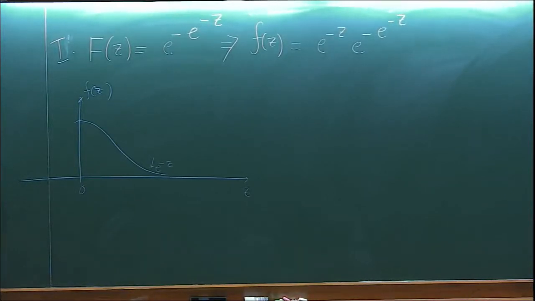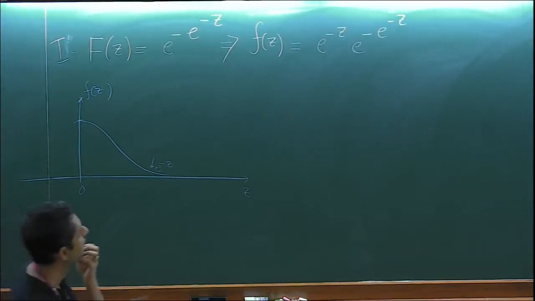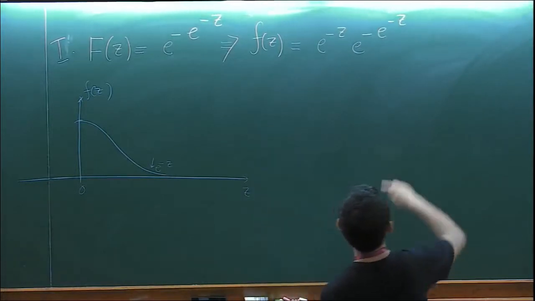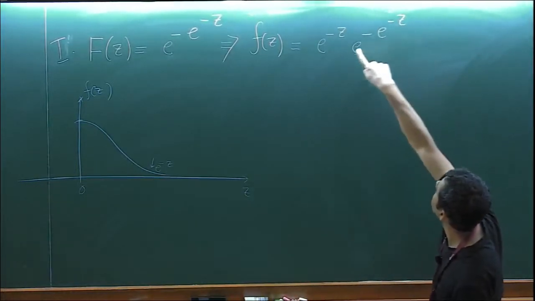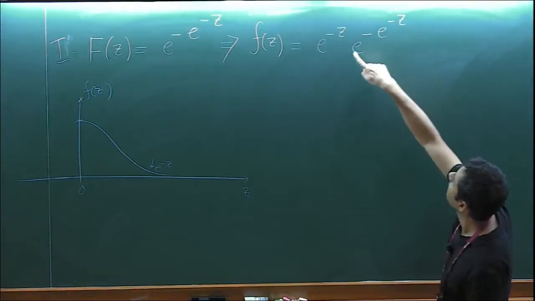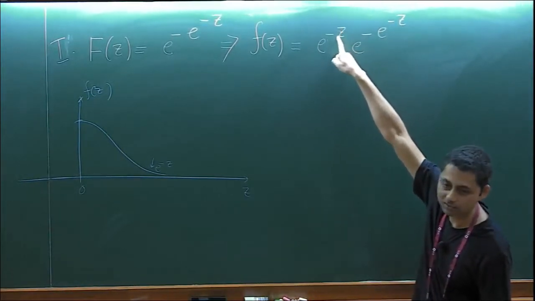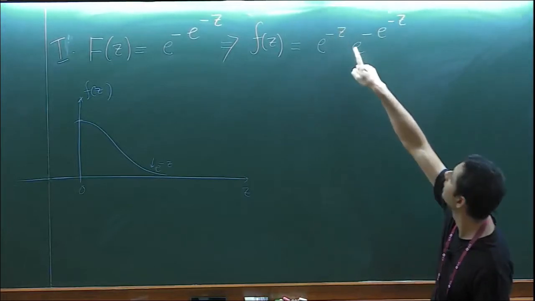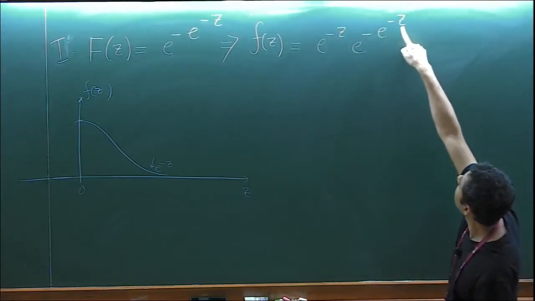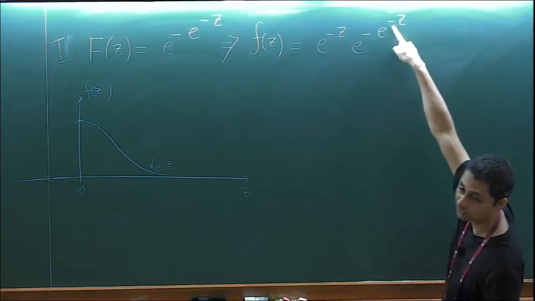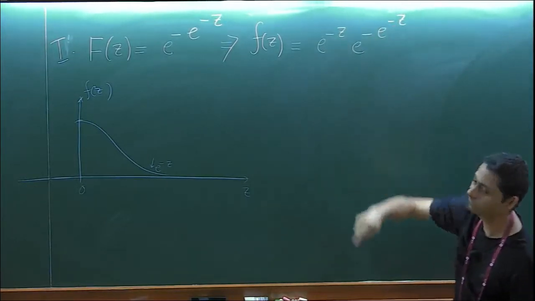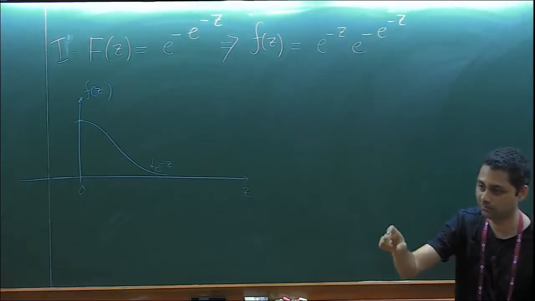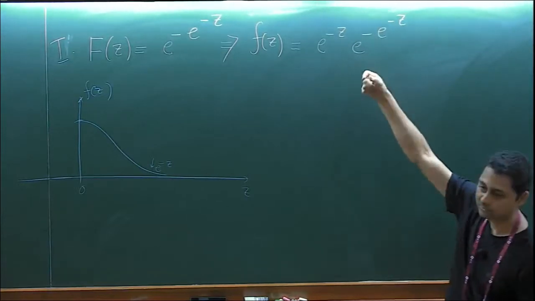For z negative, this is a large number, and this is also a large number, some exponential of a positive number. Which one is larger now? If you think of exponential of something as some y, it's like y exponential of minus y.